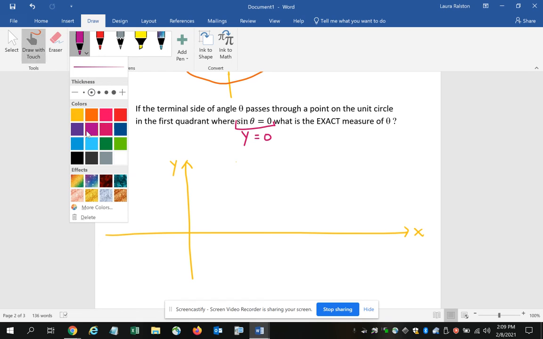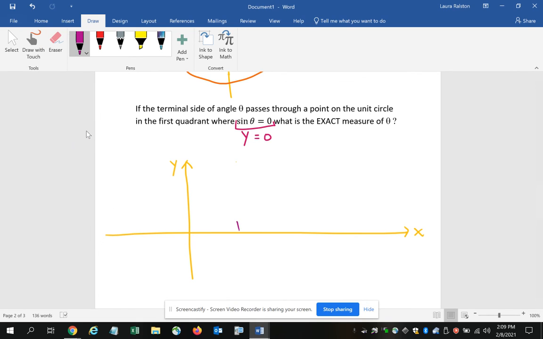So we have our unit circle. Again, our focus is on the first quadrant. My initial side is on the x-axis. Then it says we're going to rotate where the y value is 0. Well, my y value is 0 at this point right here.